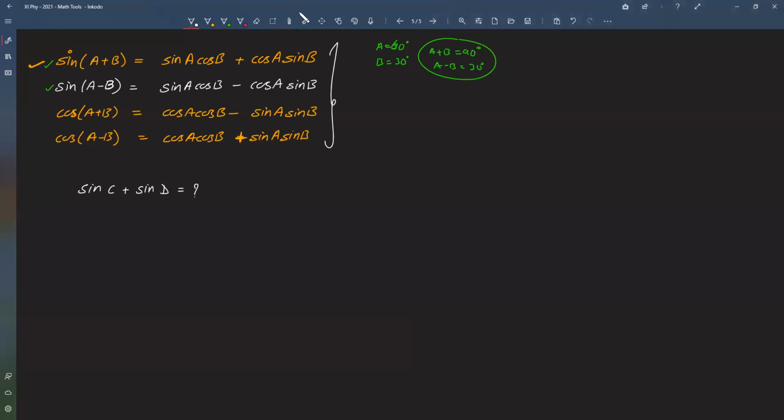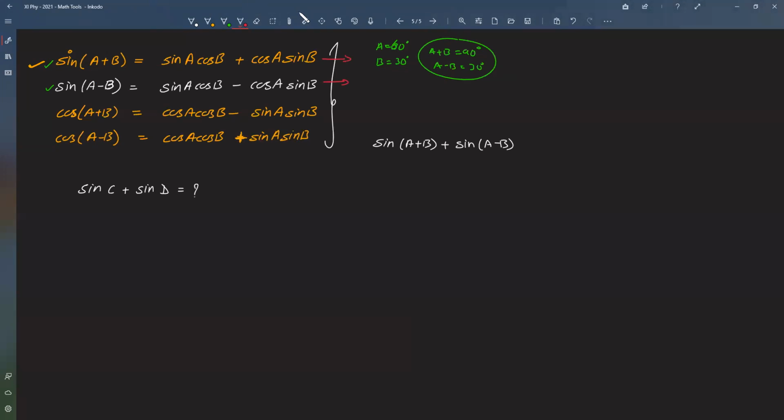So what we are going to do is add the first 2 equations. That is sine A plus B plus sine A minus B. That means these 2 expressions you have to add.